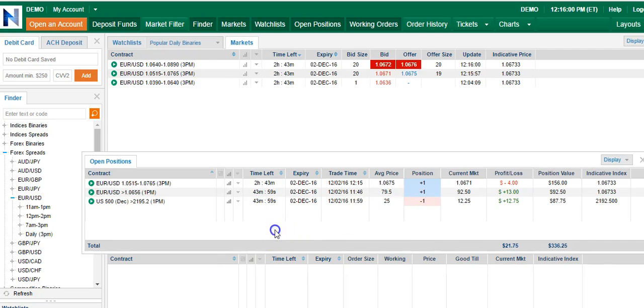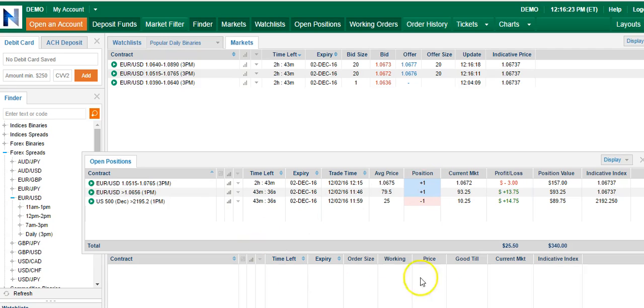And you can see that it's right here at the top. I have some other trades going on, but it's 105.15 to 107.65. I paid 106.75 for it, and the current market, if I wanted to exit, is 106.72.